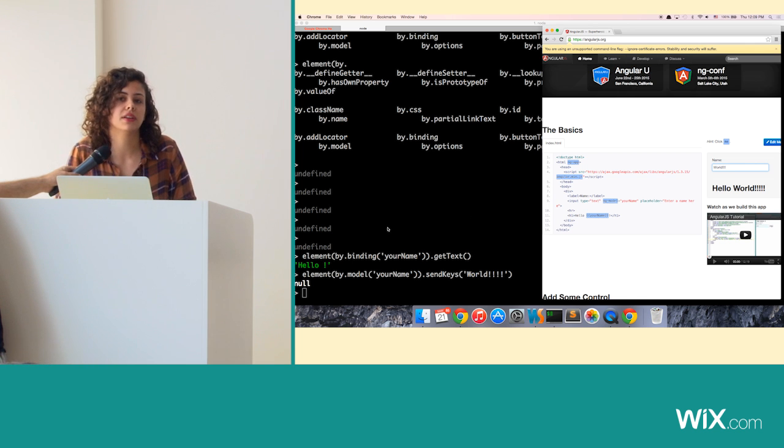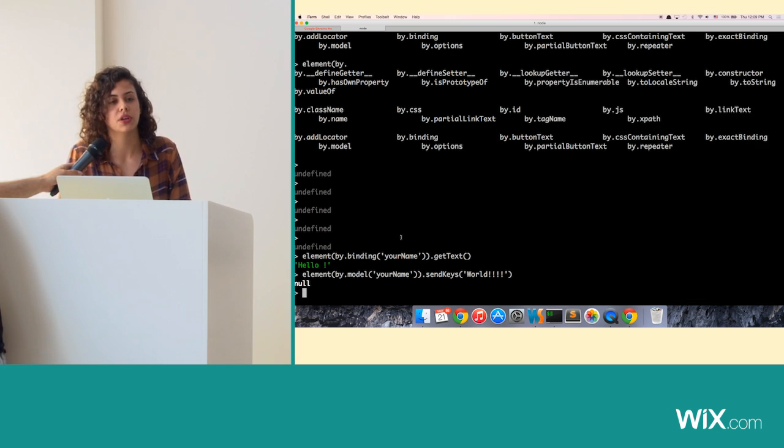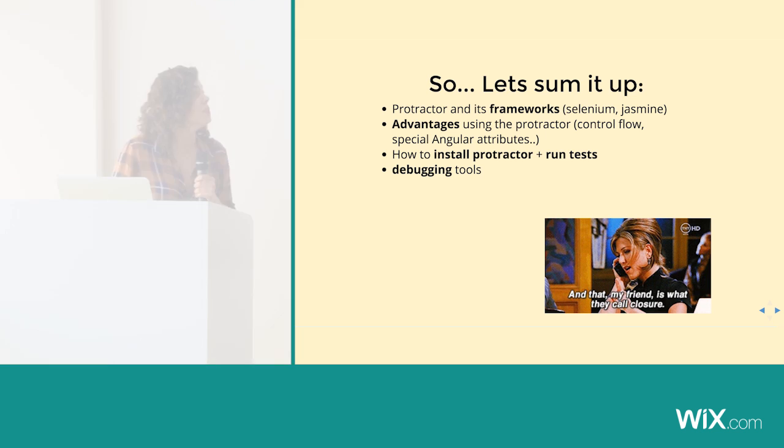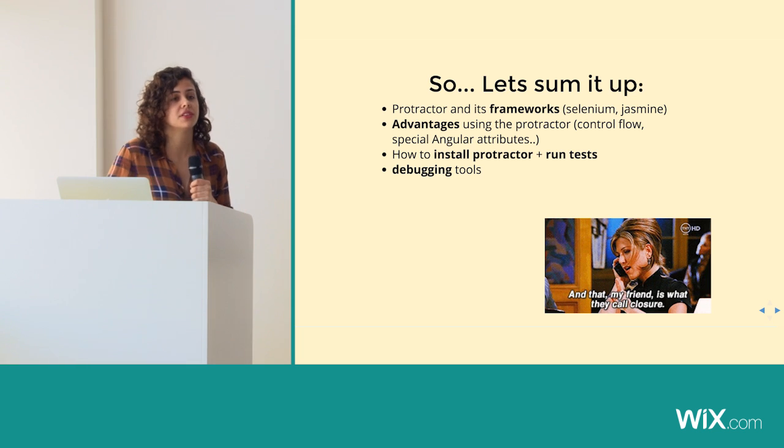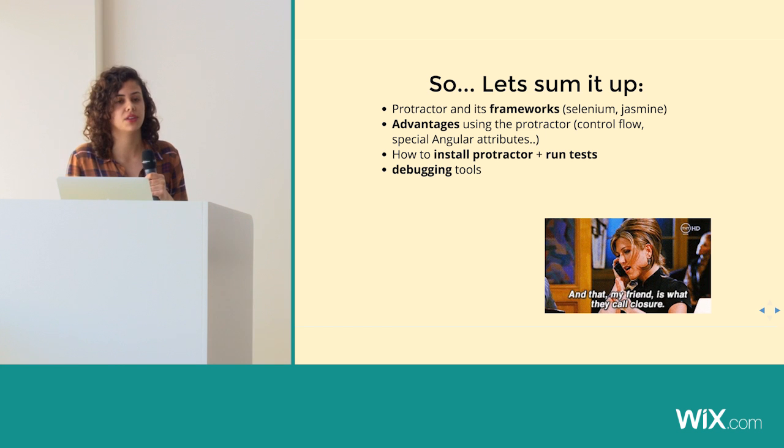So this is really a cool way to explore the DOM, some preparation before you go and write your test. We talked about Protractor and the framework it uses, how it uses Jasmine, and how it wraps the Selenium WebDriverJS.